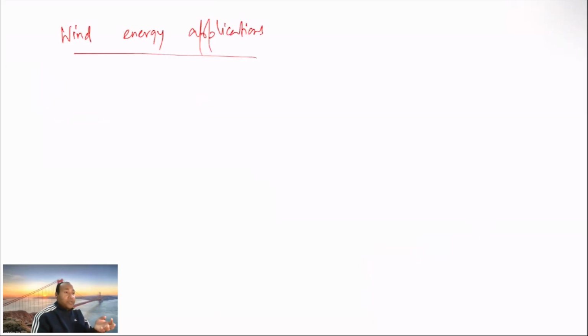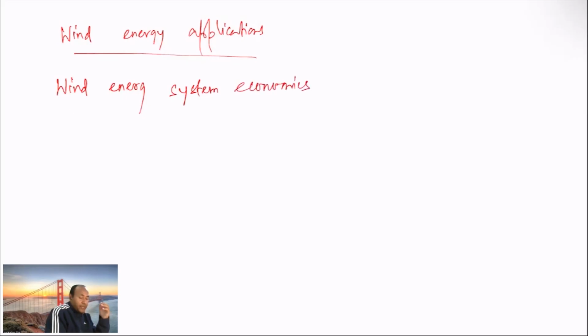Then one has to look at wind energy system economics. That is another important part because it's not only the design and operation. So system economics is another aspect one has to look at.